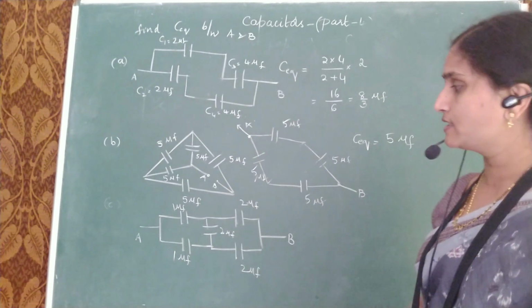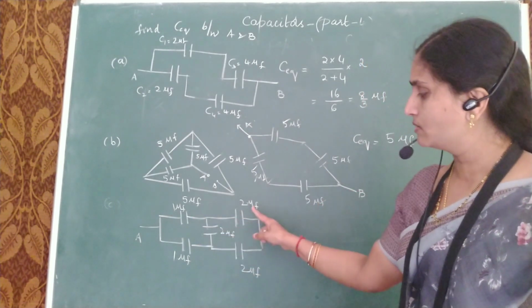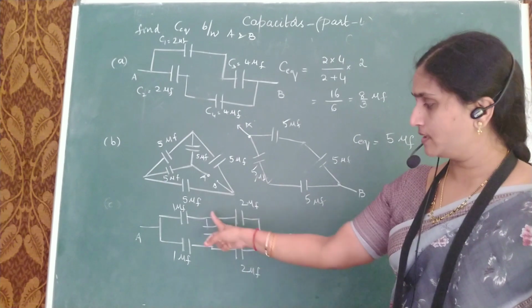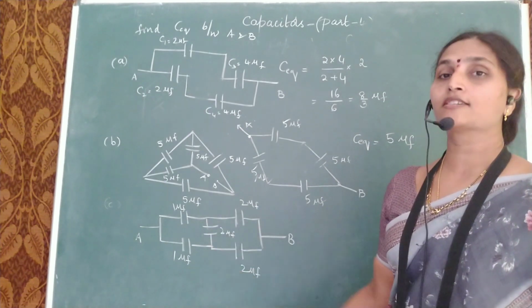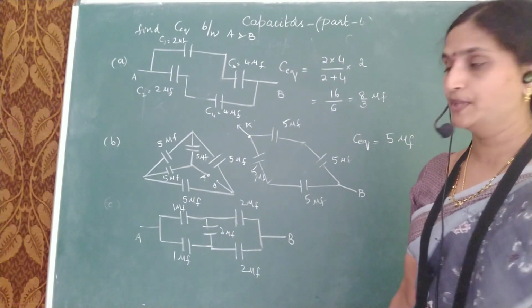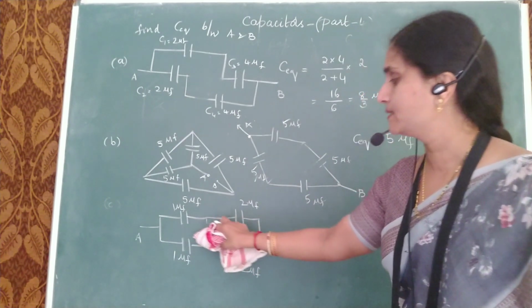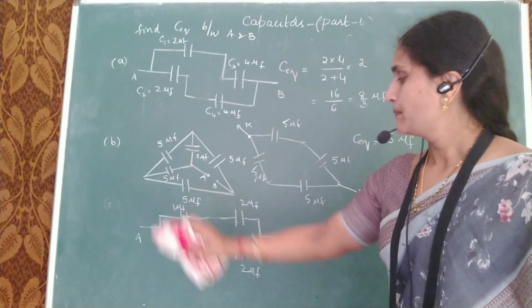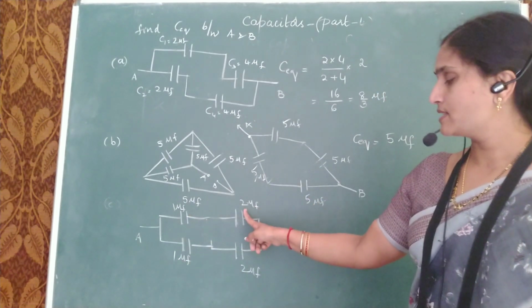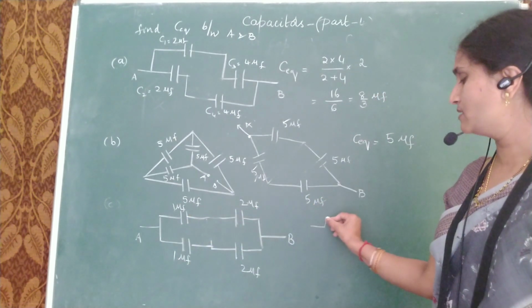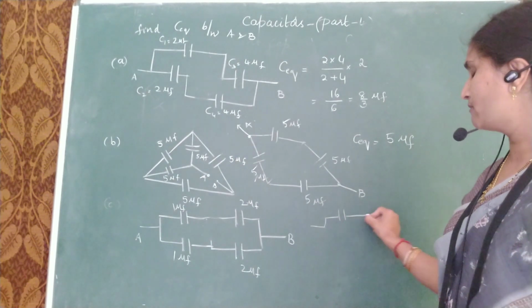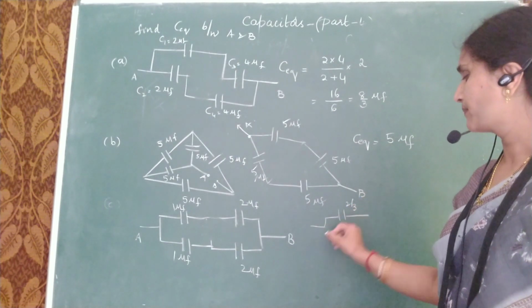C bit, you can clearly see these two capacitors are C1 and C2, C3 and C4, and this is your central capacitor. It is again a balanced Wheatstone bridge. And since it's a balanced Wheatstone bridge, remove the central one. 1 and 2 are in series, so equivalent capacitance would be 1 into 2 by 1 plus 2, that's 2 by 3.